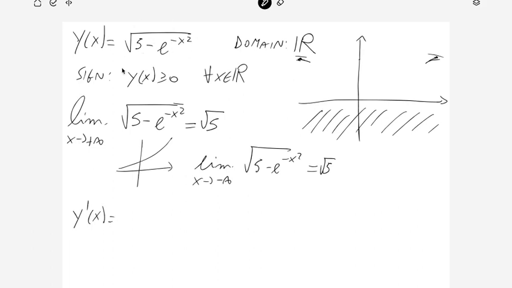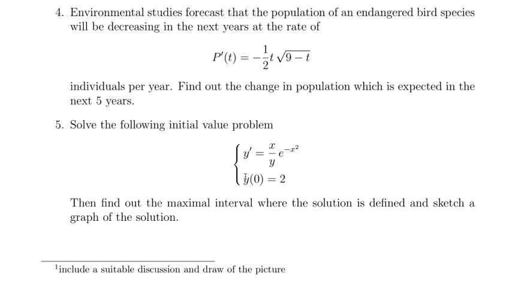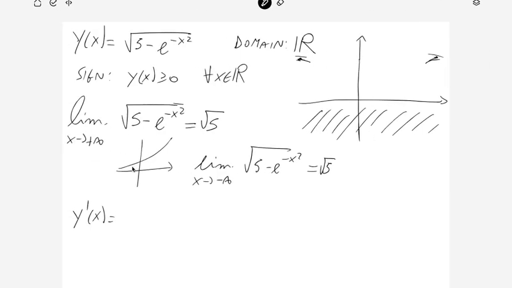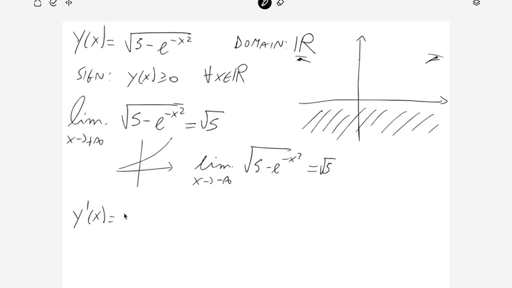Then the derivative. We can compute this derivative, or, if we don't want to compute it, we know that this function solves this initial value problem. So the derivative is equal to x over the function times e to minus x squared.